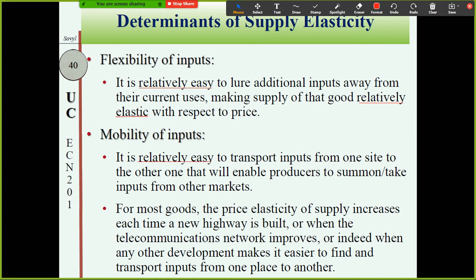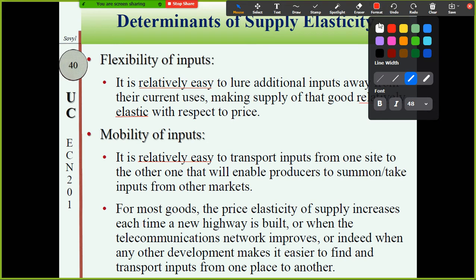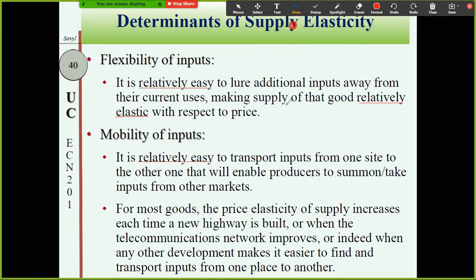If you can change input easily, you can change output easily, meaning you can supply more or less easily. So in this case, supply tends to be more elastic, meaning epsilon is bigger than 1.